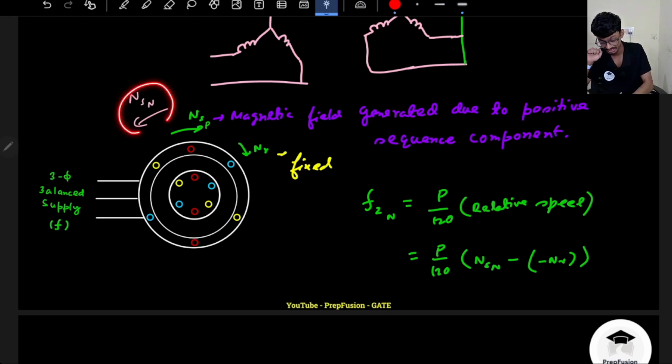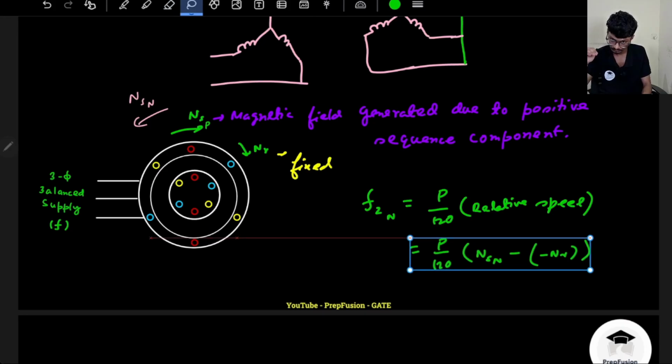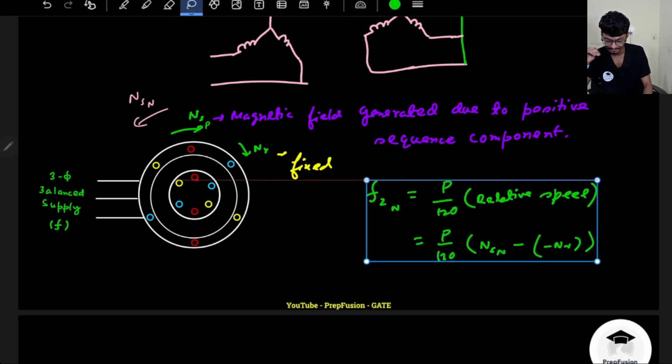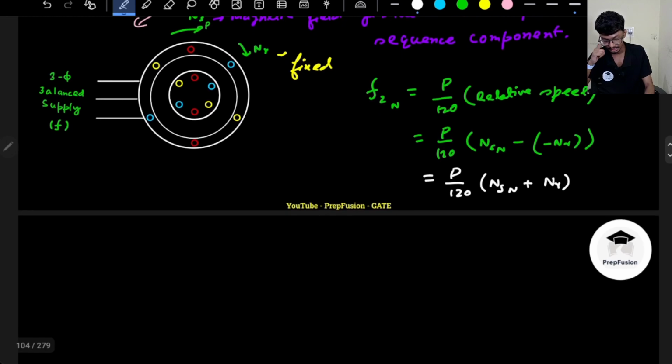Okay, remember this is the stator, this is not in the rotor. That's why these are getting added, because this is in the stator, not in the rotor. I know there will be a bit of confusion. Please think on your brain more, give more pressure to your brain, you will understand this. So this will be P by 120 into Nsn plus Nr. What is Nsn? Nsn is the same as Nsp, just the direction was opposite.